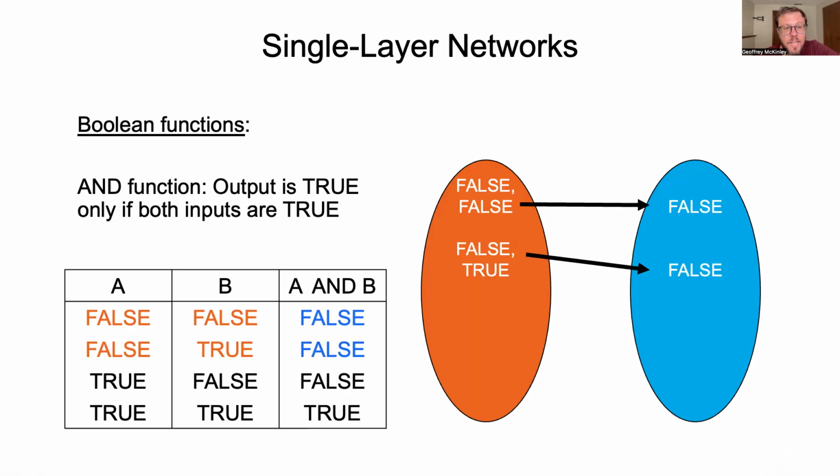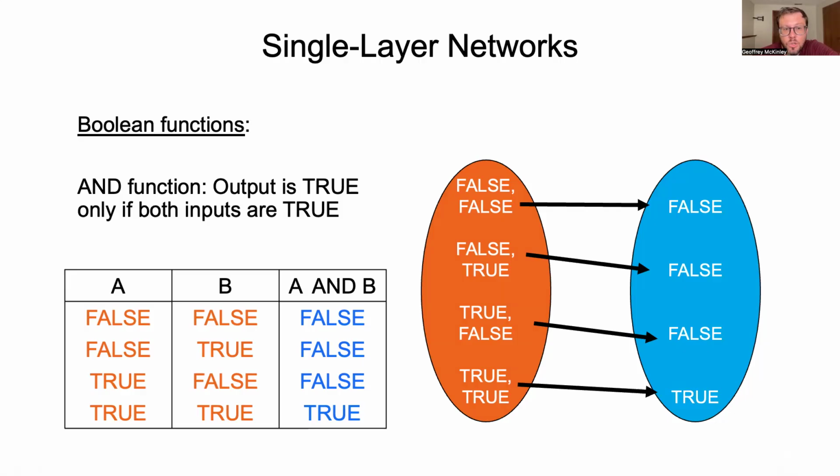If event B is true, but event A is false, then the output is also false. Finally, if event A is true and event B is false, again, it's false because both events need to occur at the same time. It's only when A and B are both true that the output is true. That's basically what an AND gate is.